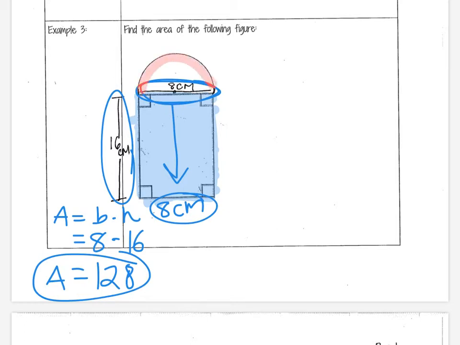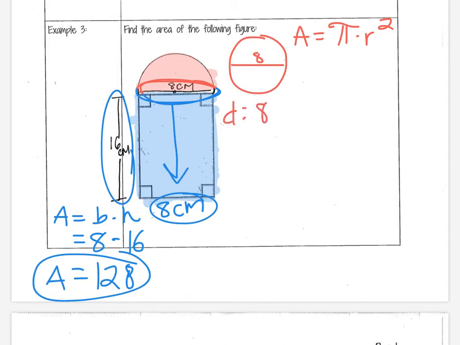And then I have a half circle. I'm going to draw the whole circle to find the area. So the area of a circle is pi times the radius squared. But here I'm given diameter, which is 8 centimeters.